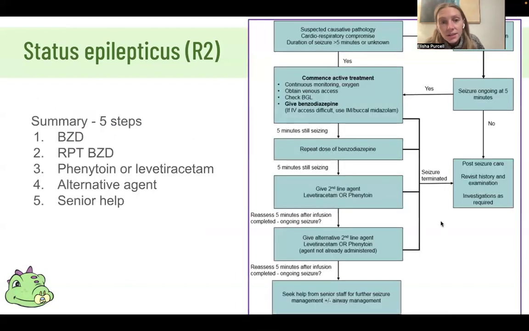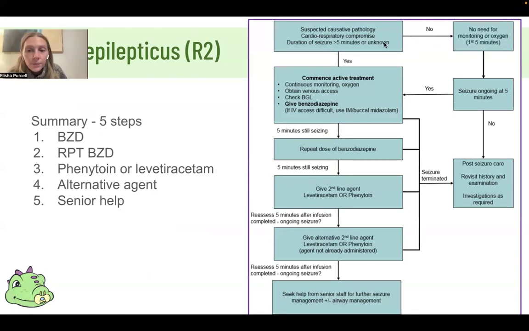This is the status epilepticus management. I made a quick summary here, but this flow diagram is really good to learn from. It's from the RCH guidelines, and you're reassessing everything after every 5 minutes. So first of all, duration of seizure greater than 5 minutes or unknown, and do we have a suspected causative pathology?